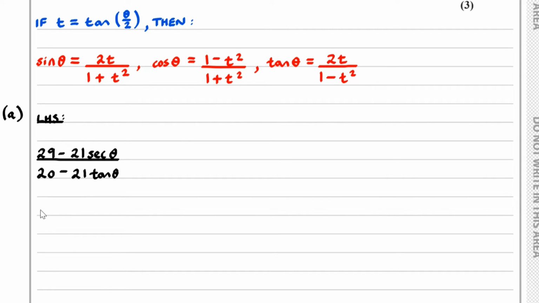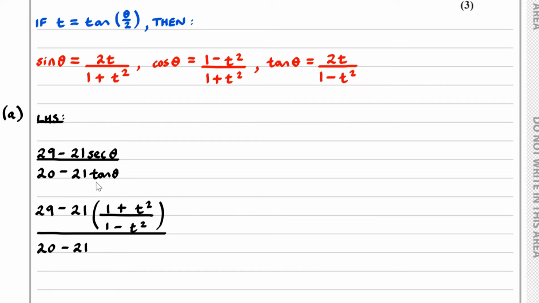So we have 29 subtract 21 multiplied by 1 over this, which is 1 plus t squared over 1 minus t squared, and then all of this is being divided by 20 subtract 21 tan theta, so we have 21 multiplied by 2t over 1 subtract t squared.